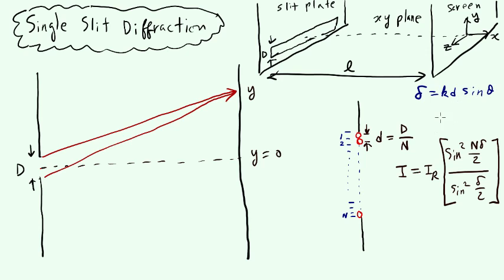But in this case, when we understand a single slit problem as an n slit problem, d is not constant. It's dependent on N. And so when we multiply capital N to delta, because small d is capital D over N, what we get is k capital D sine theta.